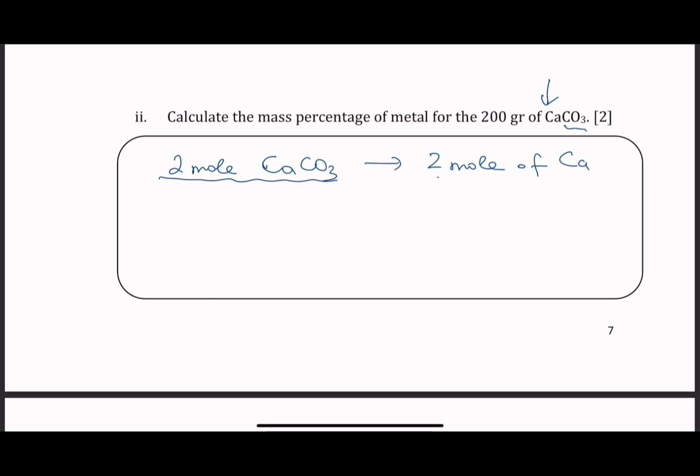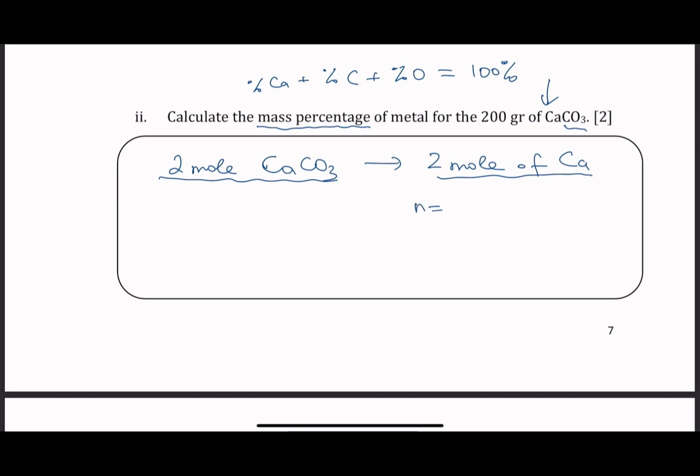You can find the mass of calcium. It's asking you for mass percentage. Mass percentage means that, let's say, the mass percentage of calcium plus the mass percentage of carbon plus the mass percentage of oxygen will add up to 100% because they are making this compound, right? So now you've got 2 mole of calcium.